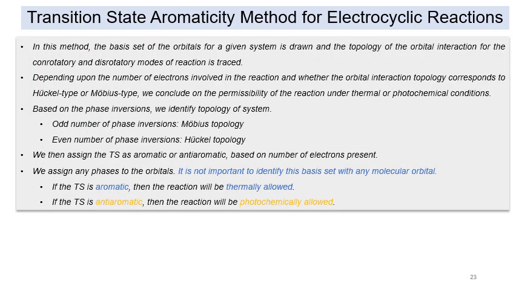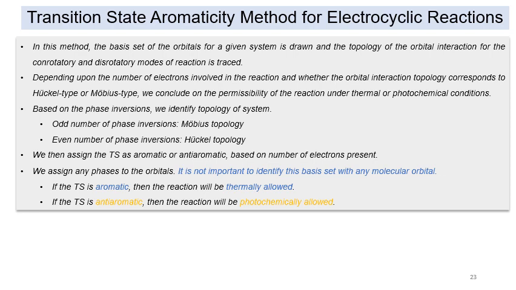Alright, now let us go to the transition state aromaticity method to analyze electrocyclic reactions. In this particular method, the basis set of orbitals for a given system is first plotted or drawn, and the topology of the orbital interaction for either conrotatory or disrotatory modes of reaction is traced.